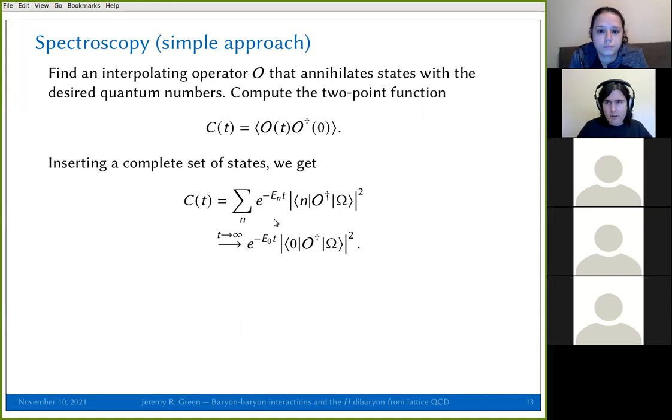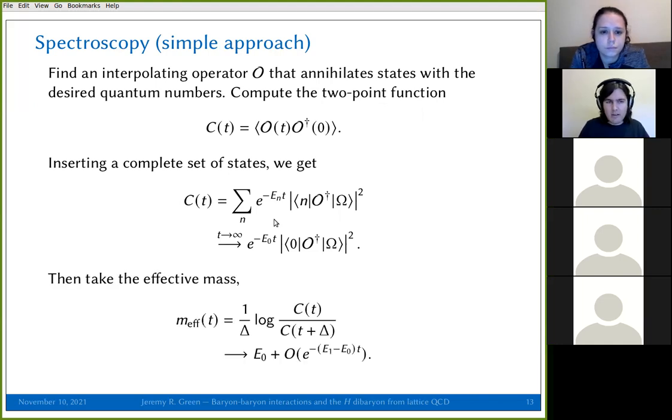If you go to very large separations, all the higher states decay faster than the lowest state, and you're dominated by the ground state. So you can define something called an effective mass. This is essentially a discrete derivative of the log of this correlator. The effective mass will, at large time separations, approach the ground state energy that you want, and there are corrections coming from the first excited state.